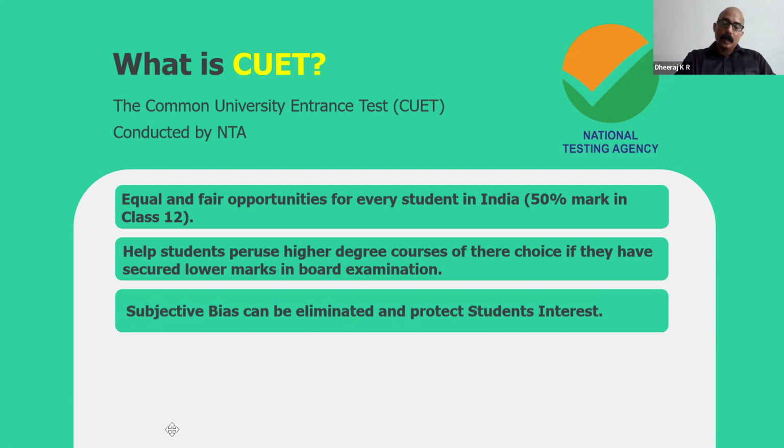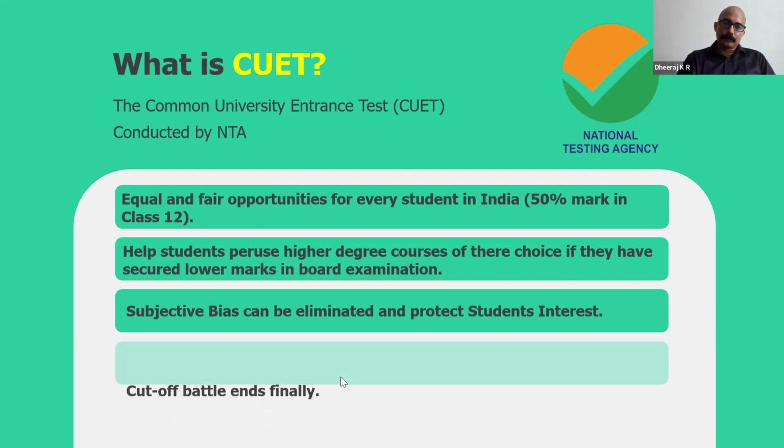And the battle of cutoff, as I said earlier: Delhi University had high cutoff marks. They required a high cutoff mark to get into degree programs, let it be BA, BSc or BCom. Any student scoring 97% could only get admission in Delhi University. So that was the situation.